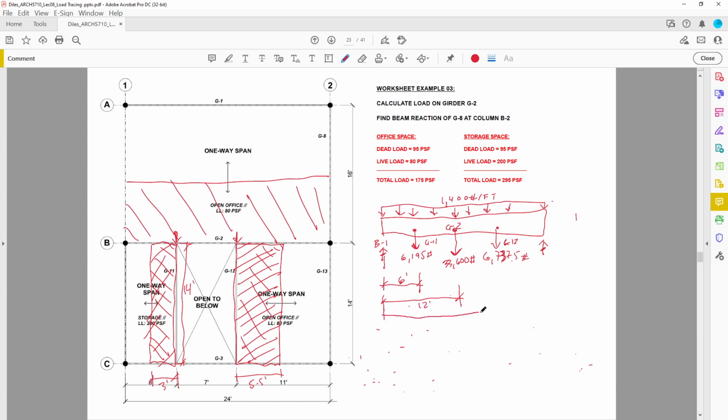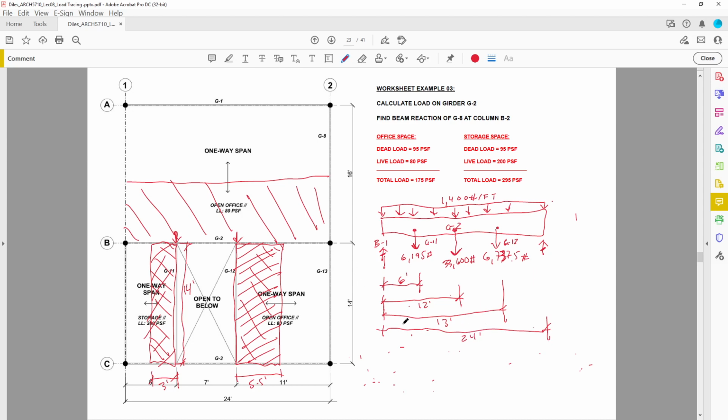Then we have the distance to G12, which is 6 plus 7, so that is going to be 13 feet. And then the overall length of the girder here is going to be 24 feet.